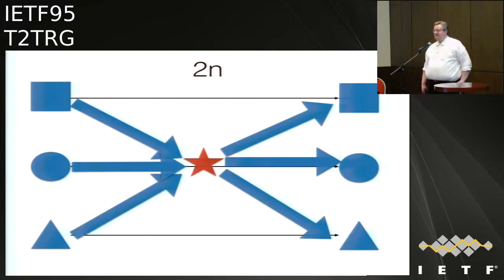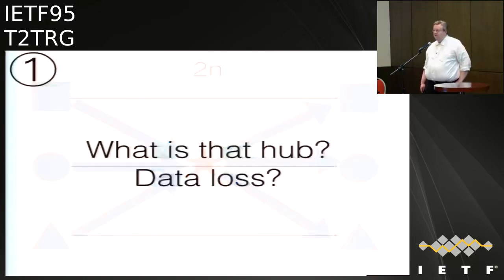But yeah, this will be hard to form, and most likely it will not be one such red star, but there will be a number of them, and they will differ, for instance, in the amount of data loss you're getting when translating from one schema to a different one.